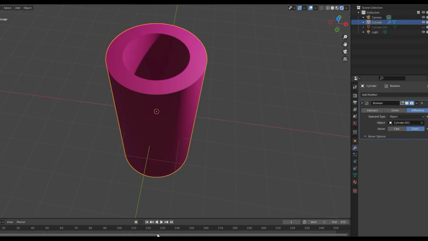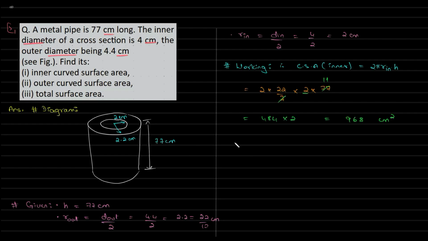Now we have to figure out the outer part. Curved surface area of outer, which is 2 pi r outer into h. So this is 2 into 22 by 7 into outer radius 22 by 10 into height 77.